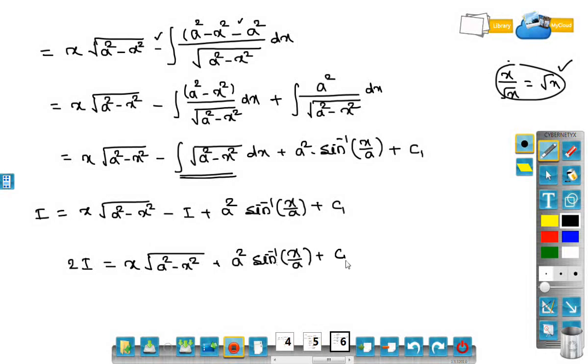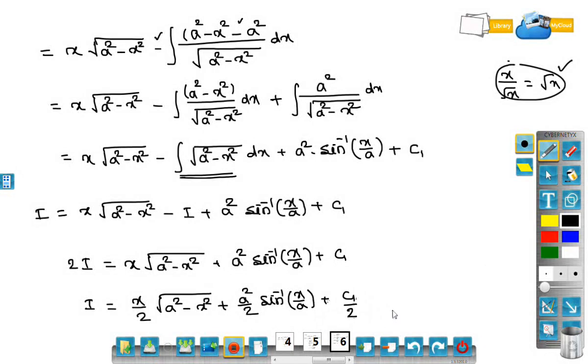Now divide by 2 on both sides and it will give you the required answer, x by 2 under root of a square minus x square plus a square by 2 sine inverse of x by a, and that is the final answer. C1 by 2 is nothing but C. That is your final answer.